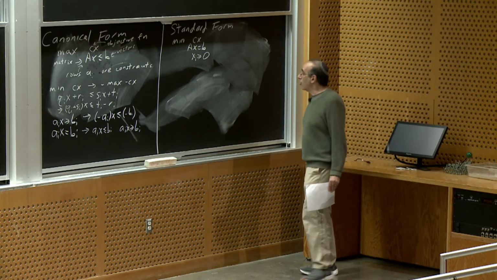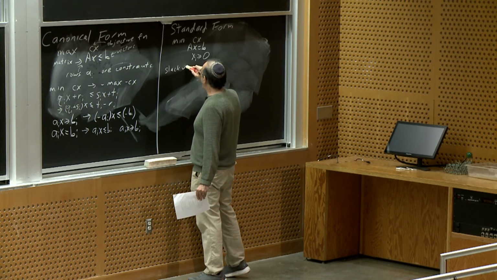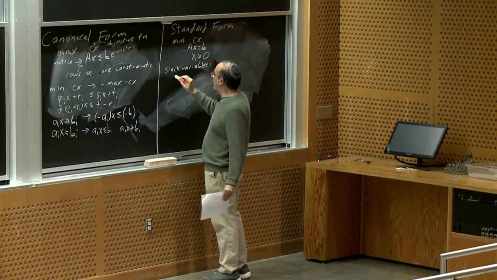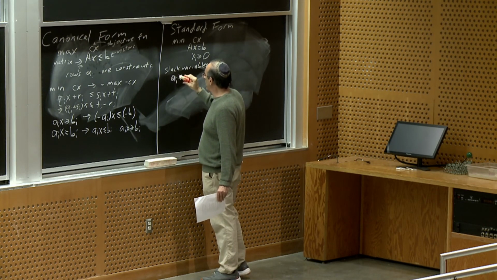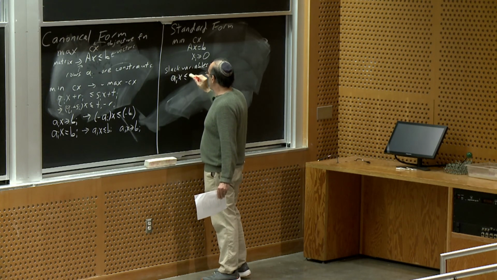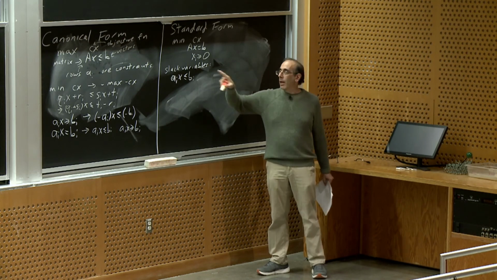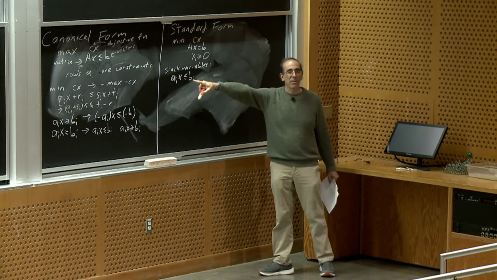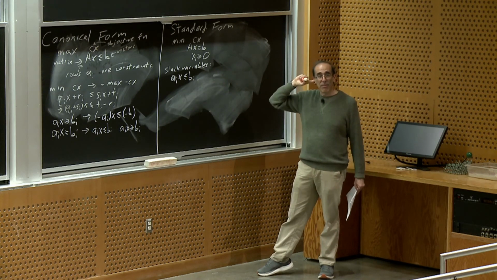And for this, you use a trick known as the introduction of slack variables. We've already done all the transformations into canonical form, so we only need to understand how to transform canonical form into standard form, right?